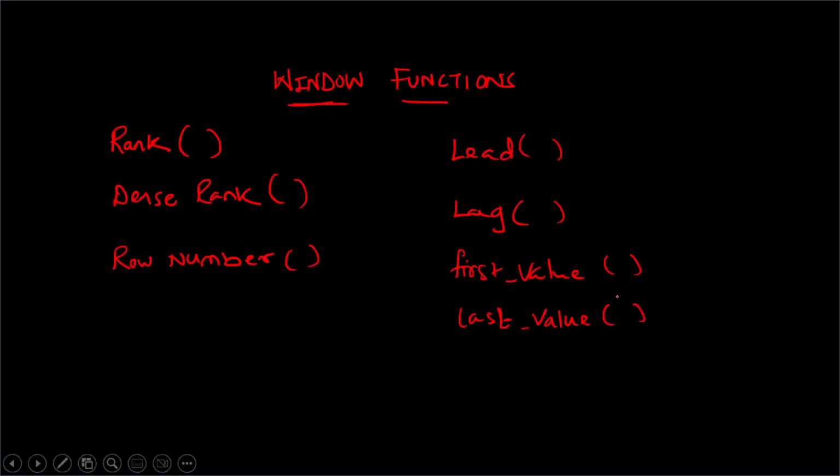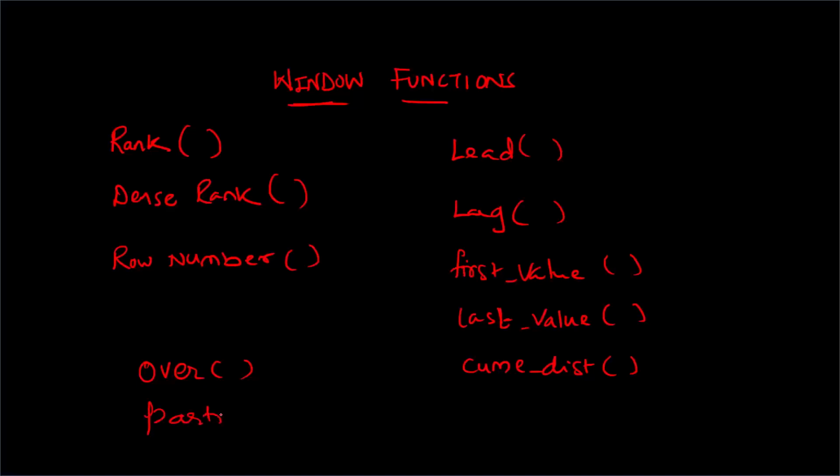There are a few more window functions like cumulative distribution, Ntile, and so forth. These window functions are used along with certain clauses: over, partition, order, preceding, following. These are various input parameters which we can use while using the window functions.